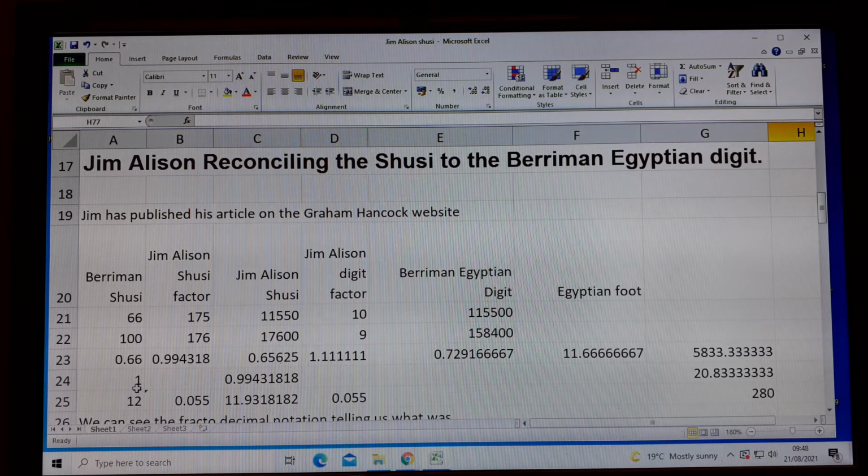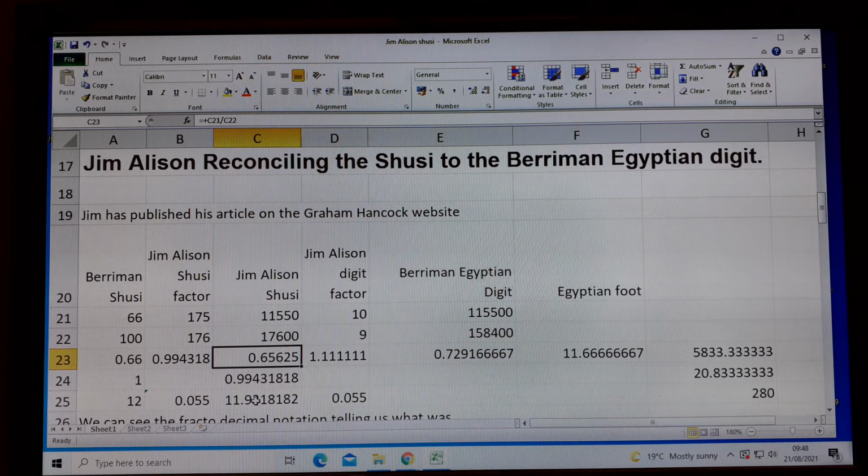That's what's being used here, but Jim is saying that the ancients were using these shorter measures, where the foot isn't 12 inches, it's 11.9318182, and the inch is 0.99431818 of the imperial inch. And when those measures are used, we get a Shusi of 0.65626 inches.